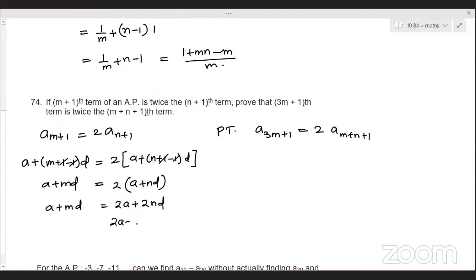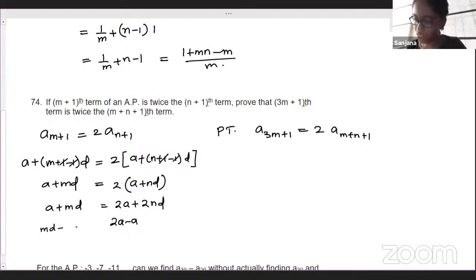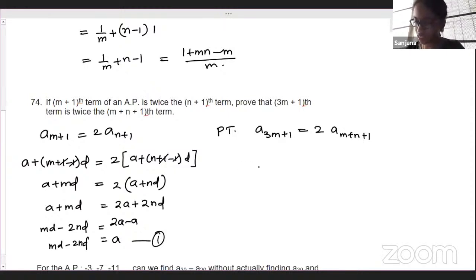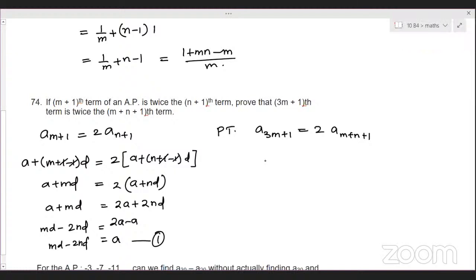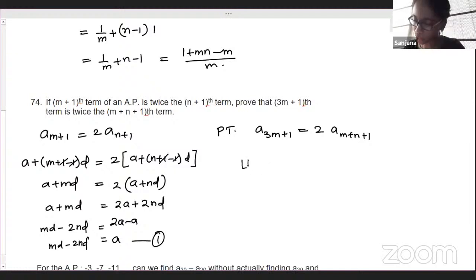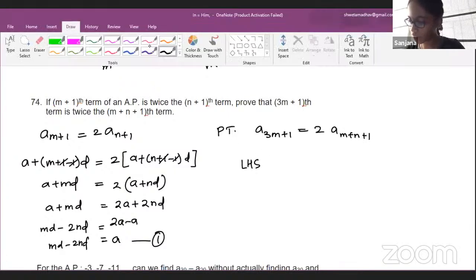That is, m minus 2n into d is equal to a. Right, which is the first equation.